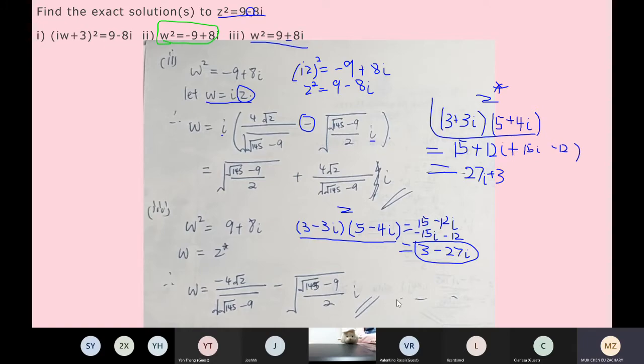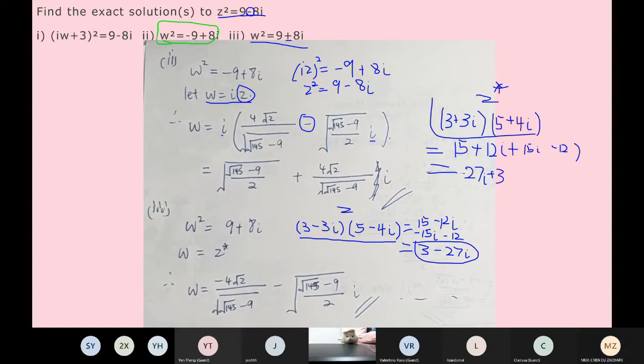Basically, the idea is your w squared will always give you two roots. The idea is that you take one of the roots, you square that particular root, you get back 9 minus 8i, right? But now if we take the conjugate root and we square, we realize you get the conjugate of the original number, right? So let's say we have z squared equals 9 minus 8i, correct?